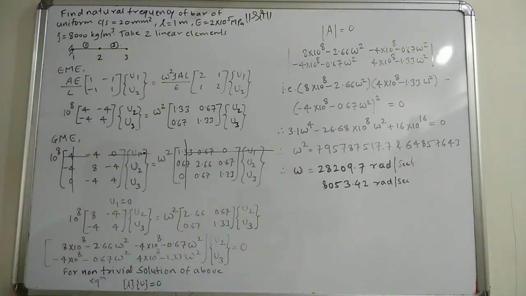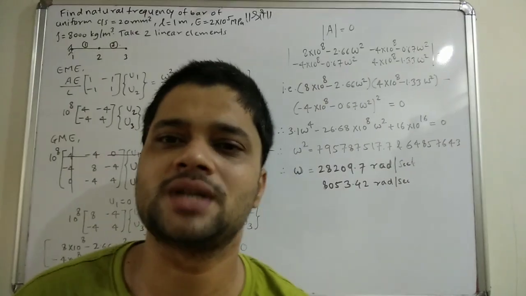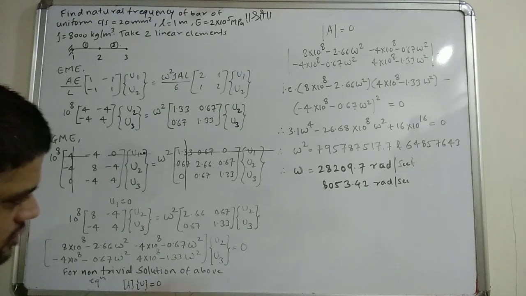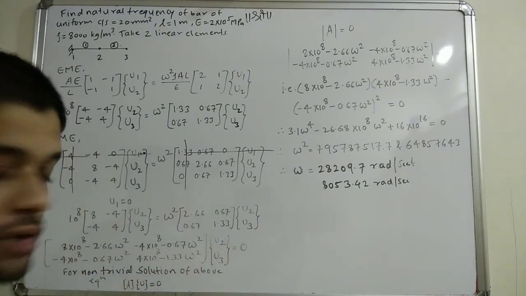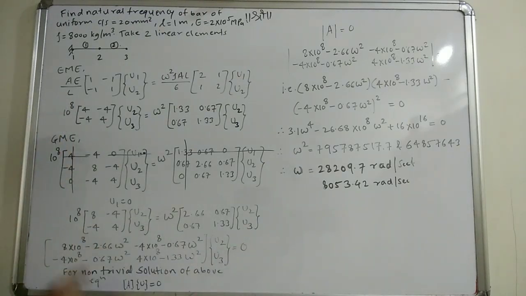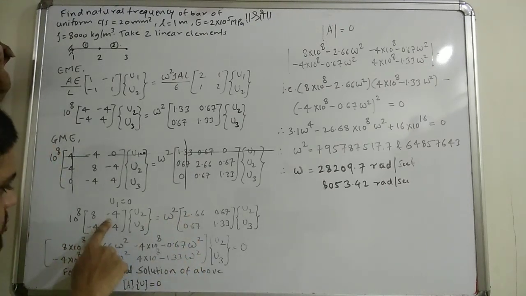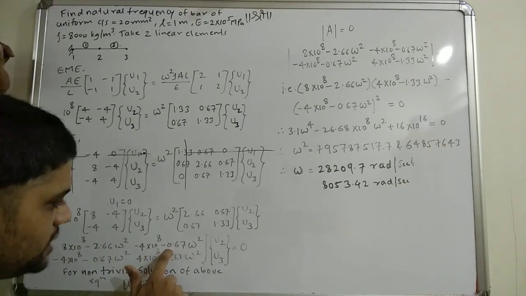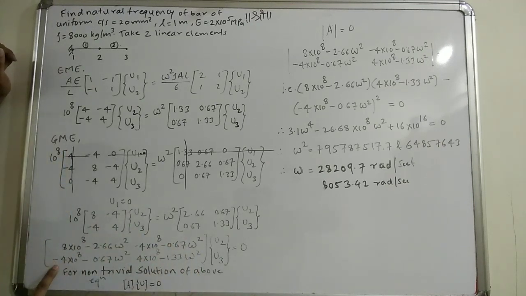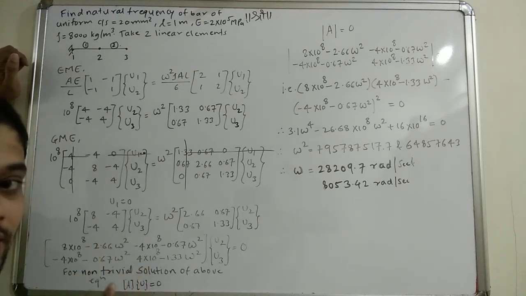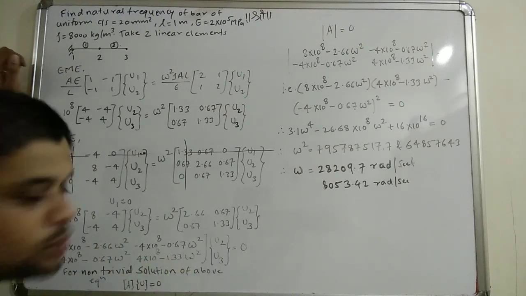Now what we need to do is bring everything to one side. We'll bring this to the left hand side and equate everything to 0. So what I will have is 8 into 10 raised to 8 minus 2.66 omega square, then minus 4 into 10 raised to 8 minus 0.67 omega square, then minus 4 into 10 raised to 8 minus 0.67 omega square, and 4 into 10 raised to 8 minus 1.33 omega square.